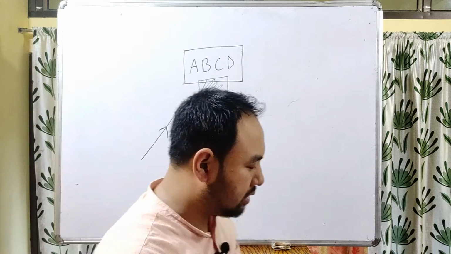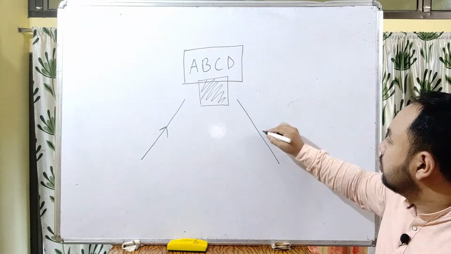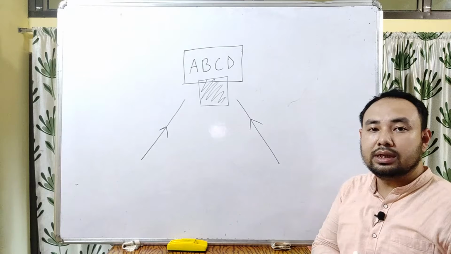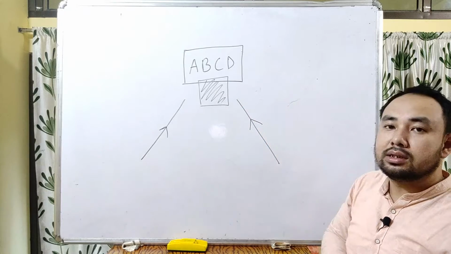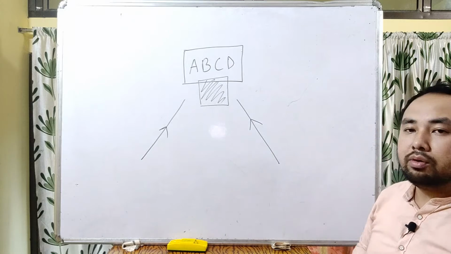Now if we consider another position and look towards this signboard from here, then we will see that only CD is written, as AB will be blocked from this point of view.